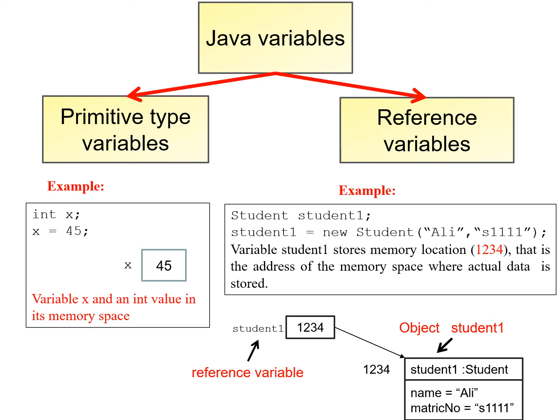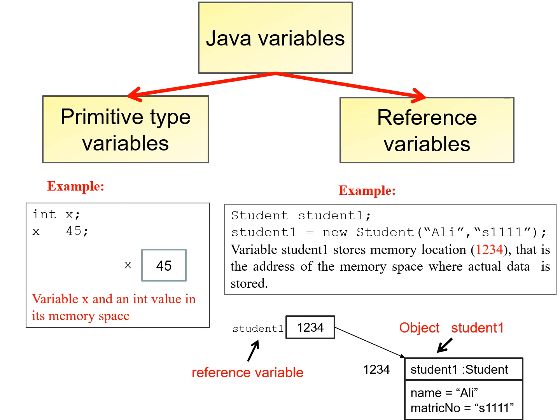S111. What happens here is student 1 is not storing the object that we just created. What it has here is actually the address of the object. The object is actually somewhere else. In this case, the location for student 1 is here, 1, 2, 3, 4. This is an example of an address in your memory.